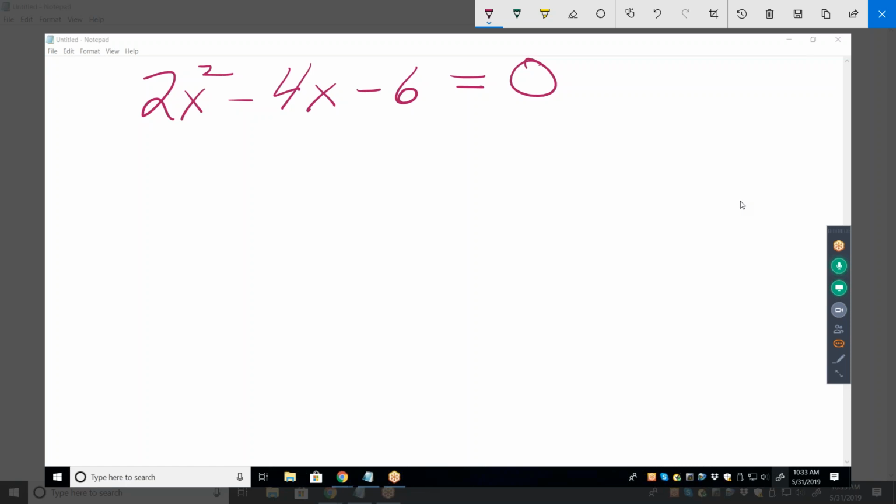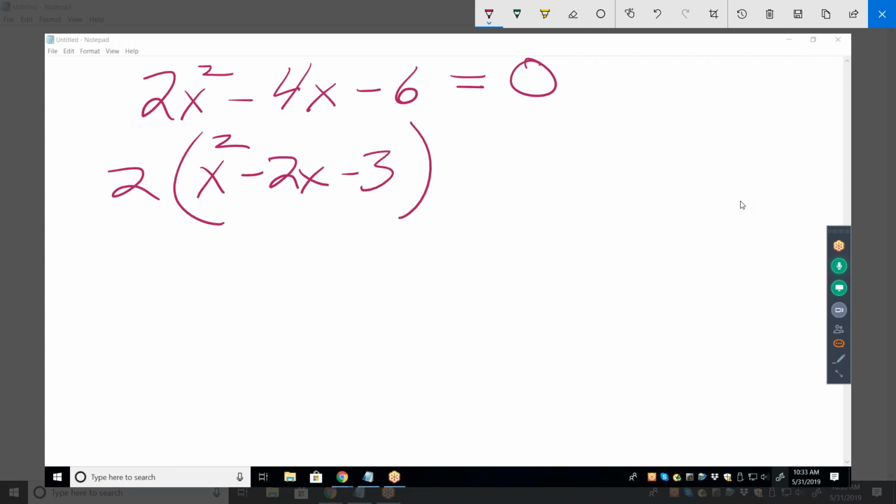Now, the very first thing in factoring is always to check and see if there's a greatest common factor. Because frequently you can make the problem a lot easier if you can find a greatest common factor. In this case, is it 2? Yeah, so let's factor out a 2. So it'll be x squared minus 2x minus 3.